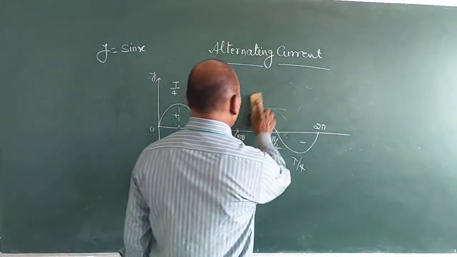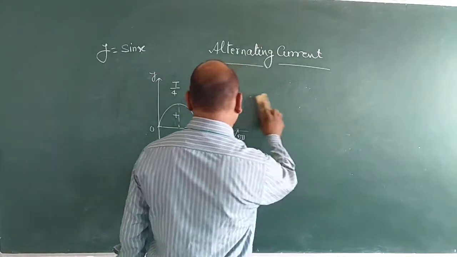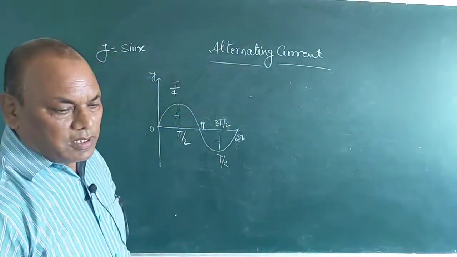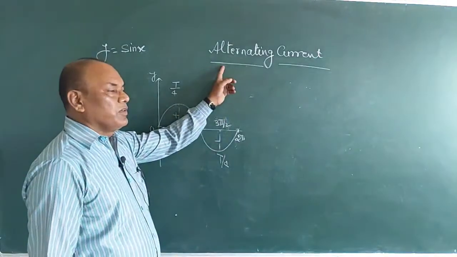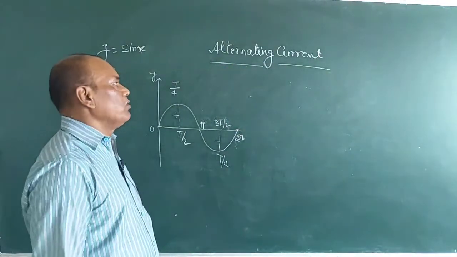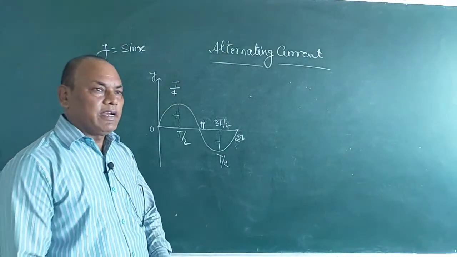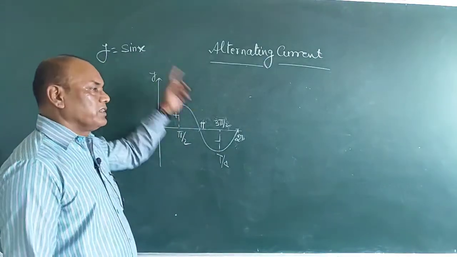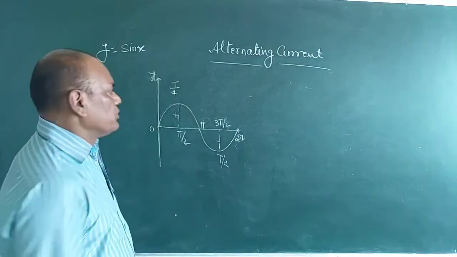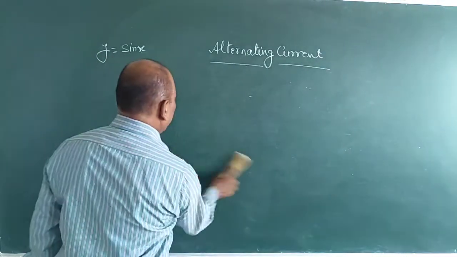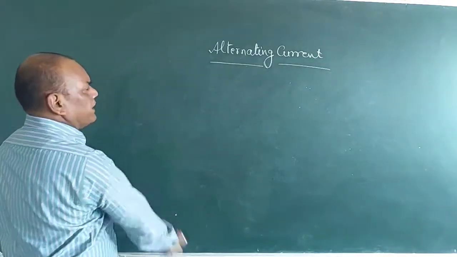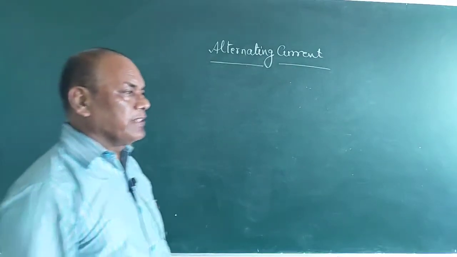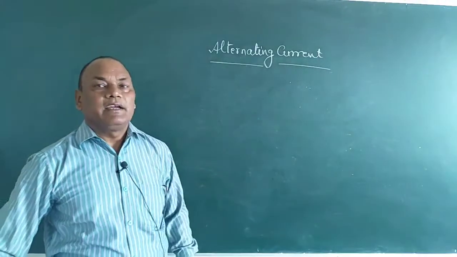So from here to here it completes one rotation. So if we are talking about alternating current or alternating voltage, then it follows the nature of a sine curve. Now we have to show here how alternating current or alternating voltage follows a sine curve.